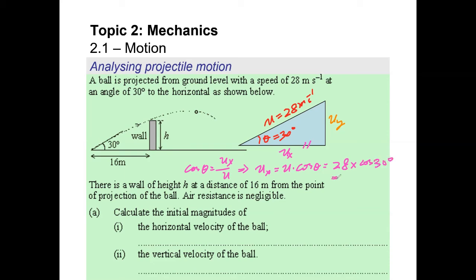That gives us 24 meters per second. For the initial velocity y component, it is opposite, so sine theta equals uy over u, and uy equals u times sine theta. That is 28 times sine 30 degrees, which gives us 14 meters per second.